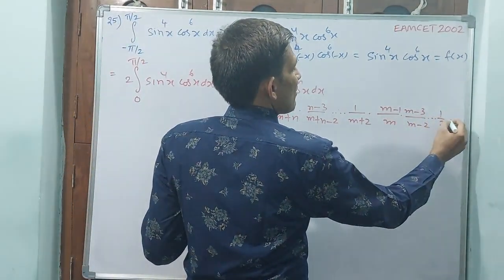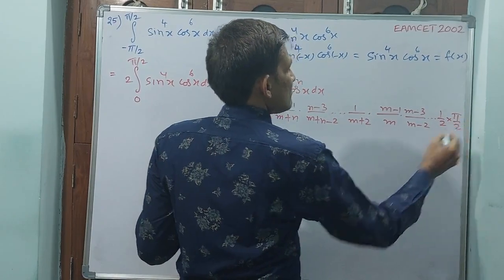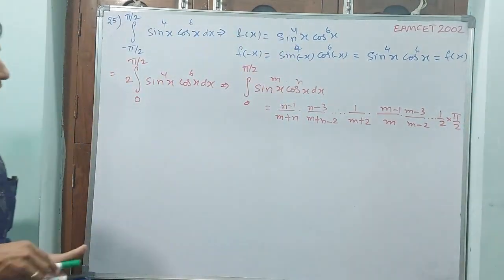This goes up to 1 by 2 into pi by 2. We have to start from n minus 1. This is the formula.